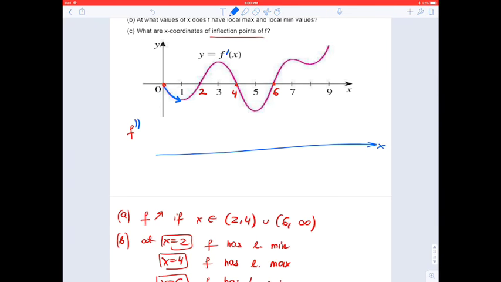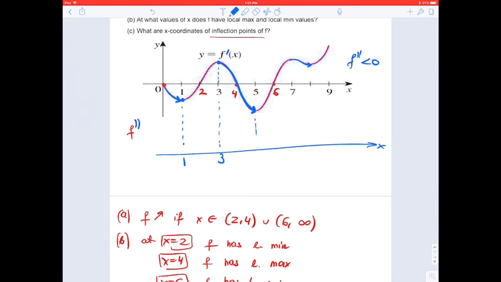If this function is decreasing, for example, then its derivative is negative, right? That will be the second derivative. What is important is that I have to find the zeros.